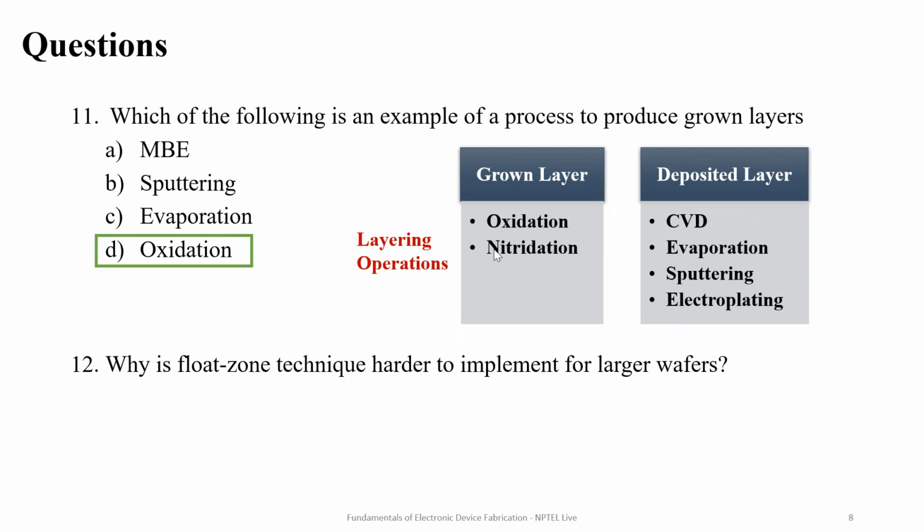So why is the float zone technique harder for larger wafers? In Czochralski, it is getting solidified from the pool, but in float zone, the rod is just changing its nature. Nothing is being fully melted and solidified. So what will be the reason? What happens when we are having different levels of solidification in different regions?